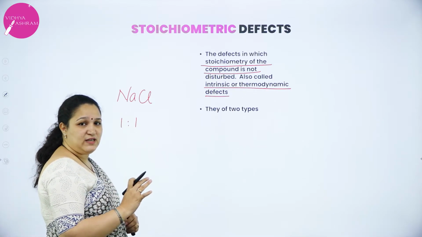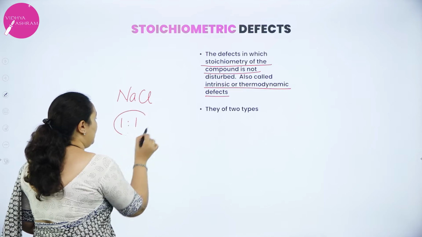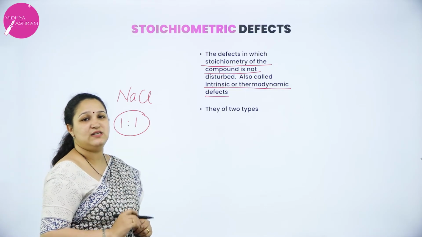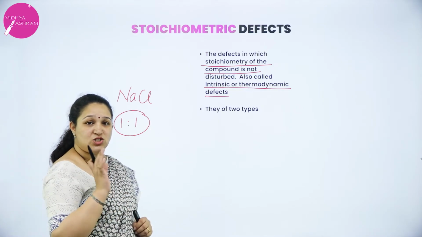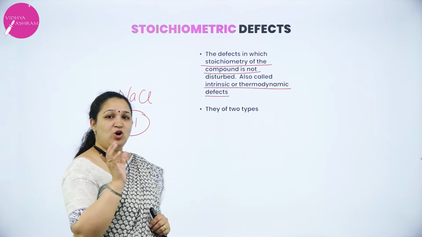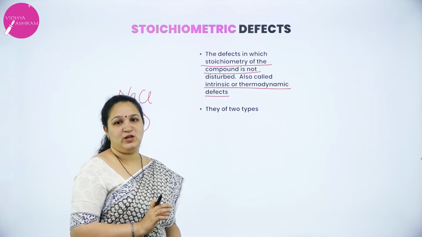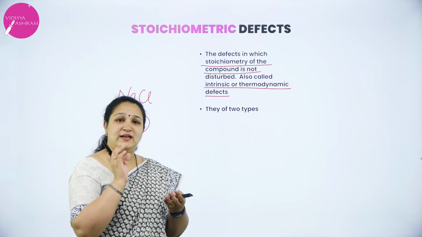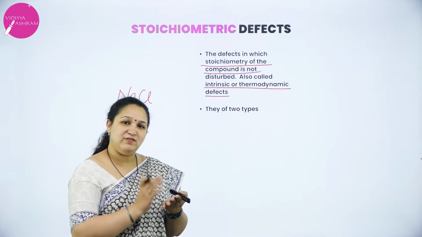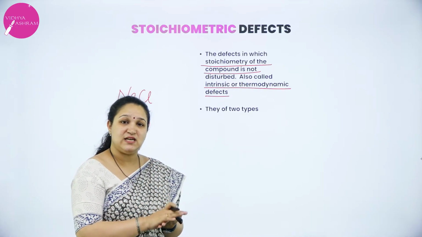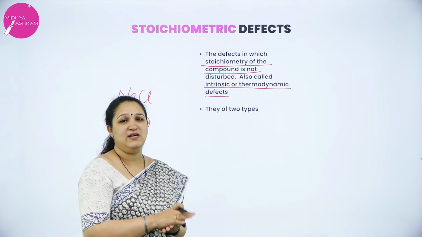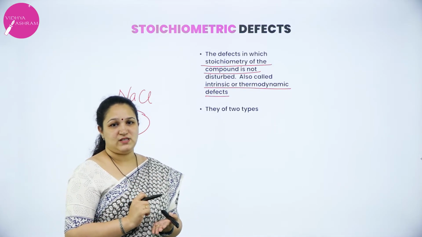Even if the defect is present, this ratio is not disturbed. Stoichiometry means the ratio or the composition of a molecule or a compound. So, if that ratio is not disturbed even when there are defects, then we call them stoichiometric defects.